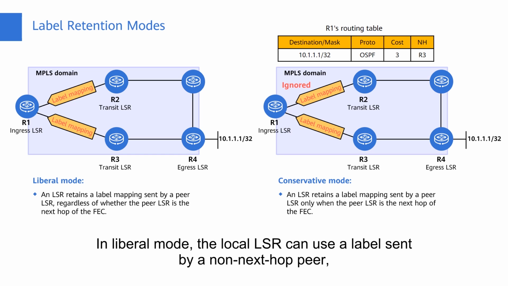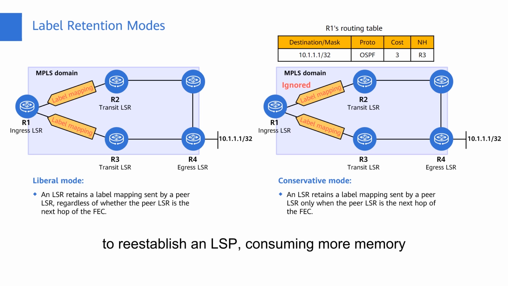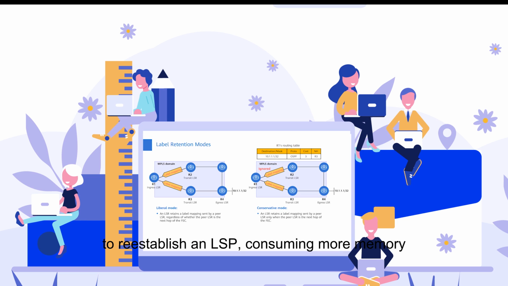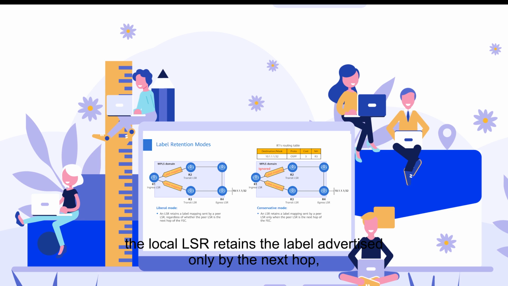When the next hop peer LSR is changed due to a network topology change, in liberal mode, the local LSR can use a label sent by a non-next hop peer to re-establish an LSP, consuming more memory and label resources than in the conservative mode. In conservative mode, the LSR retains the label advertised only by the next hop, which conserves memory and label resources.